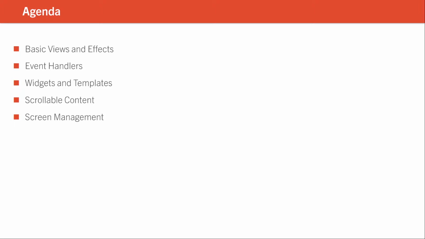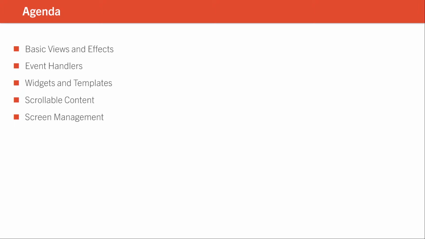What are the topics for today's masterclass? In fact, I'll show you the basic views and the basic effects, which are the very primitives available inside Embedded Wizard. I'll give you a brief overview about the different event handlers. I'll also show you how to use the widgets and the templates. Then I'll give you a brief overview about the so-called scrollable content, that means lists and outline containers, for example.